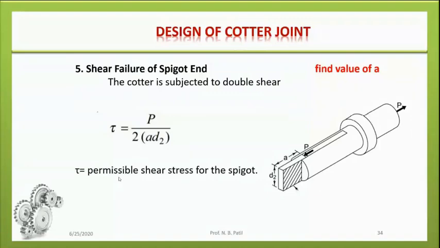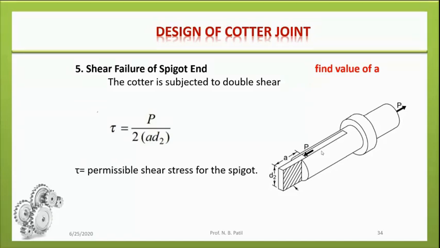It's the shear failure of the spigot end. So shear failure, it's a direct shear again. Now let us see over here, into this region, the cotter is present. Let us consider the cotter is made up of very strong material and the spigot is made up of very weak material.